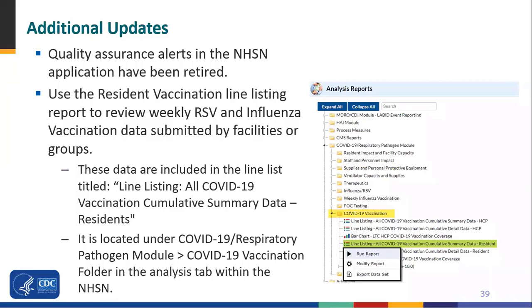These data are included in the line list titled Line Listing All COVID-19 Vaccination Cumulative Summary Data for Residents. To find the line list, please go to the COVID-19 Respiratory Pathogen module in the COVID-19 vaccination folder in the Analysis tab within NHSN.